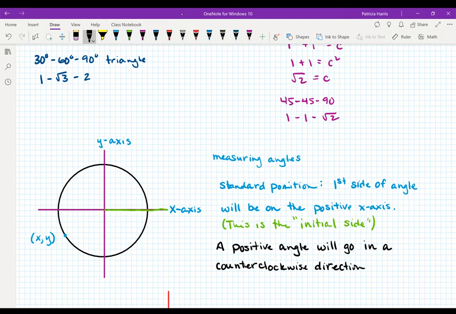So if I wanted to measure an angle out like this, that would be a positive angle. All right. The green would be the initial side. Okay. And then the black would be what we call the terminal side.